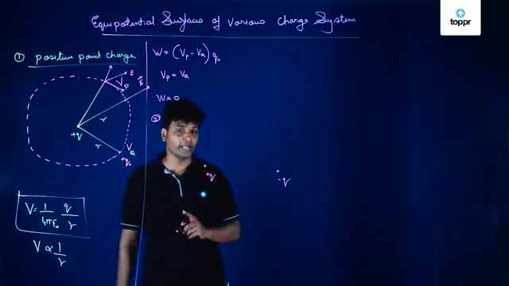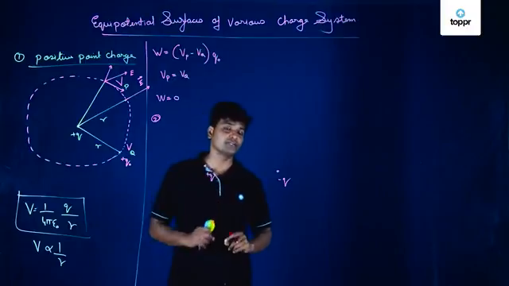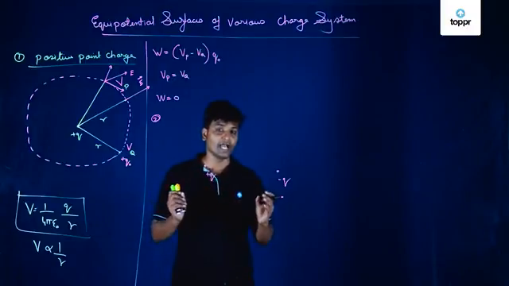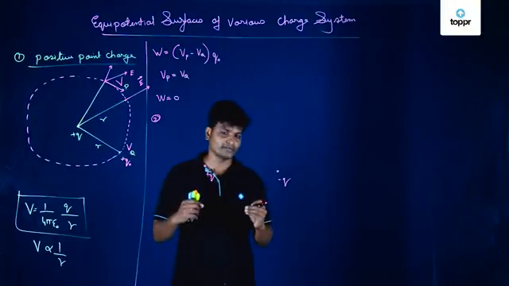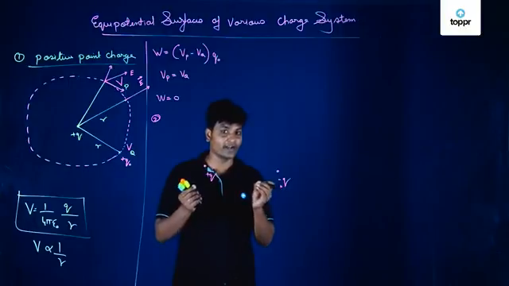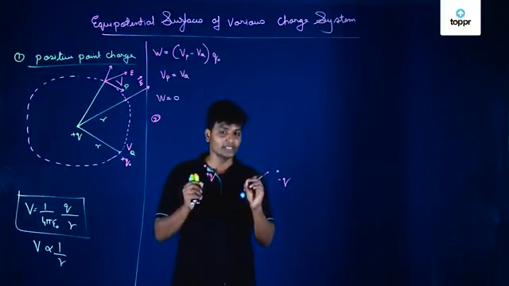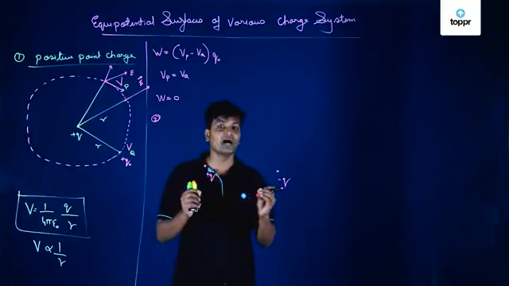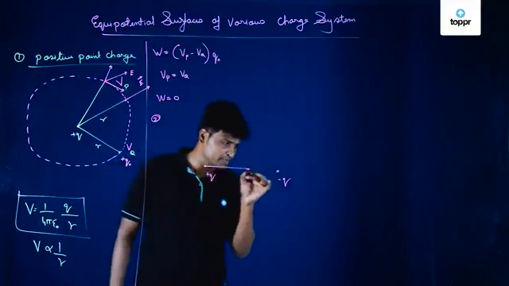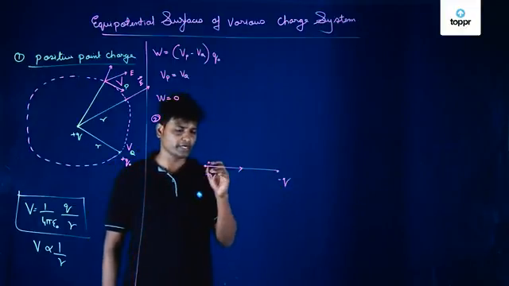Do you know the property of electric field lines? Electric field lines have the tendency to contract, and that's the reason why opposite charges attract each other. So, these will be the electric field lines from the positive charge to the negative charge.